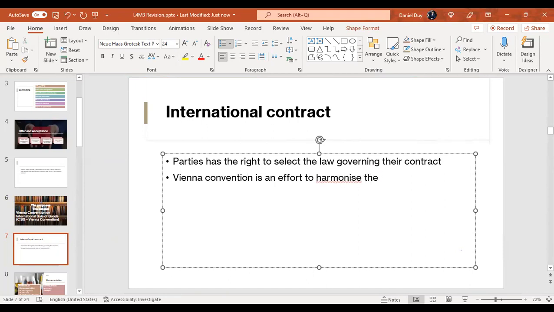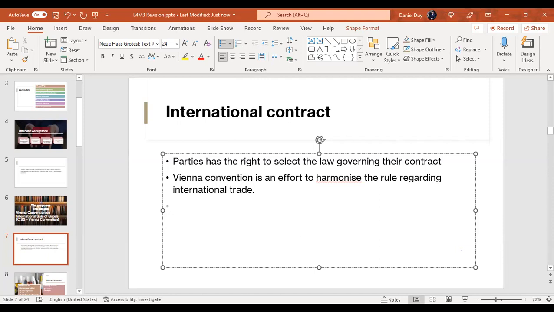So the Vienna Convention is an effort to harmonize the rules regarding international trade. According to this convention, it will apply to parties who come from countries which are members of this convention.